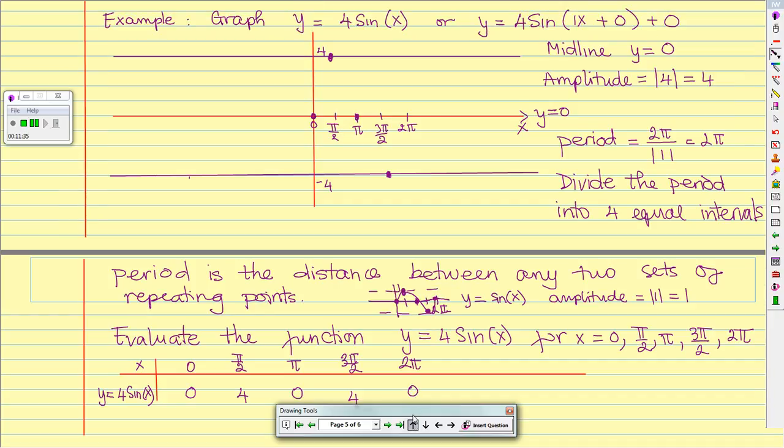Sine of 2 pi is 0, so 4 times 0 is still 0. So now the next step you're going to do is connect the 5 points using a curve. The last point will be 2 pi comma 0.